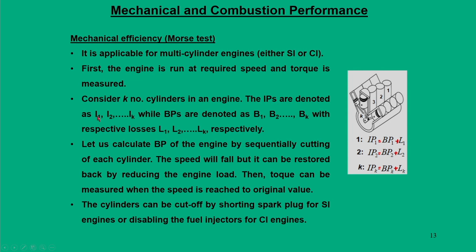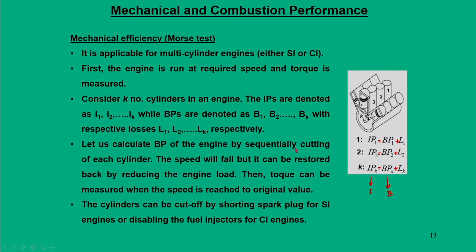The indicated powers are defined as I1, I2, I3, Ik, and this I1 is nothing but IP1, and then B1, B2, Bk, L1, L2, Lk. These are the indicated terms and these are the brake terms. Now, to calculate the brake power of the engine, what are we going to do?